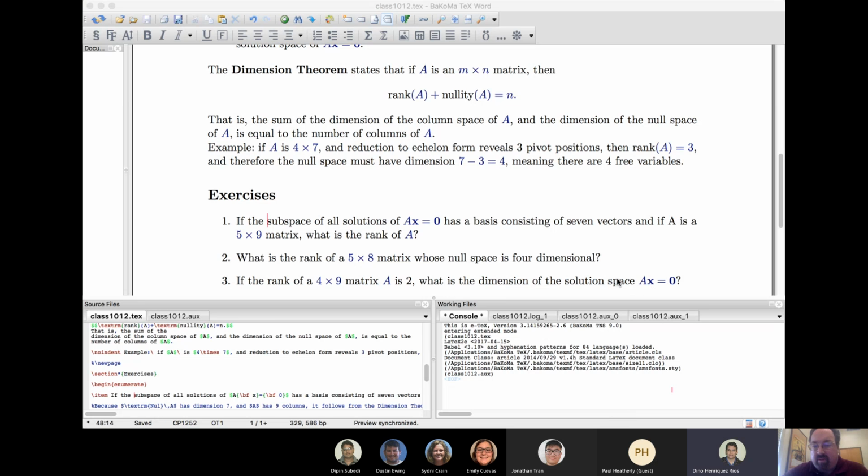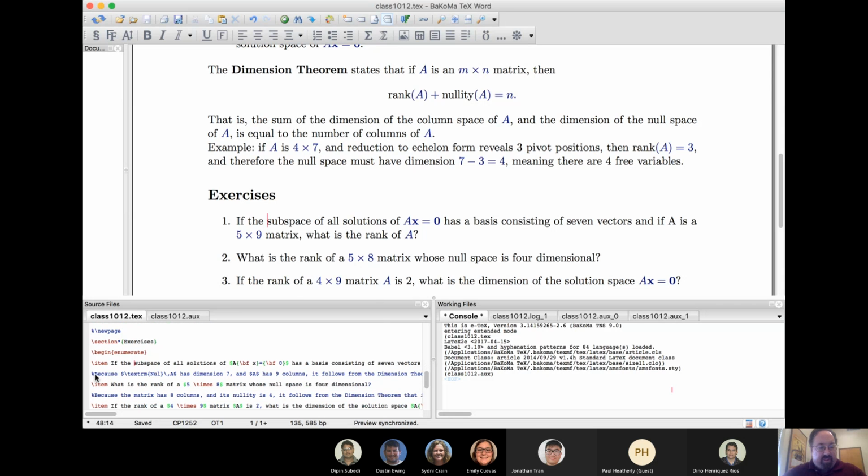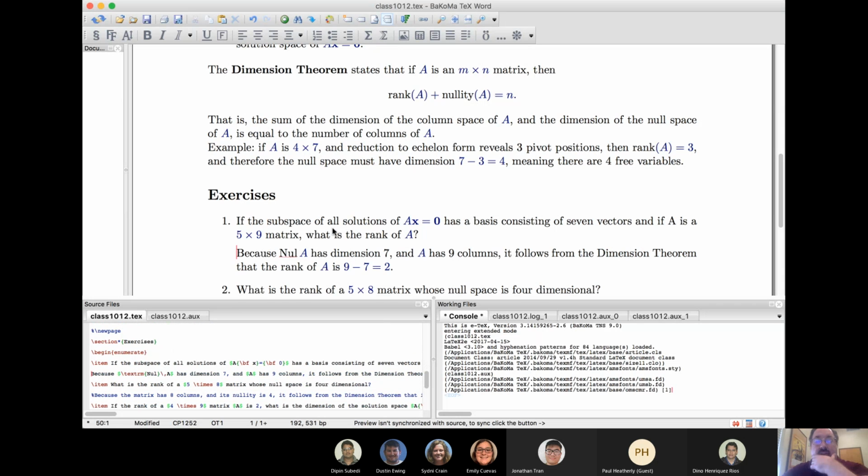Yes. Good job, Sydney. It's 2. Okay, so null space dimension 7, A has 9 columns. So rank plus nullity is equal to 9. Because the nullity is 7, we solve for rank, which is going to be the number of columns minus the nullity. That's why I mentioned the wrong sign: you added when you should have subtracted.